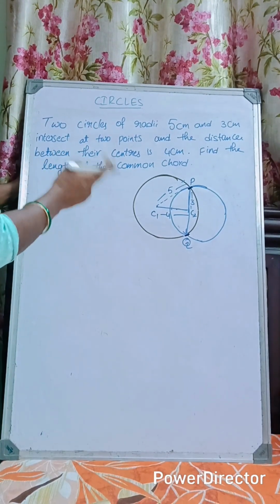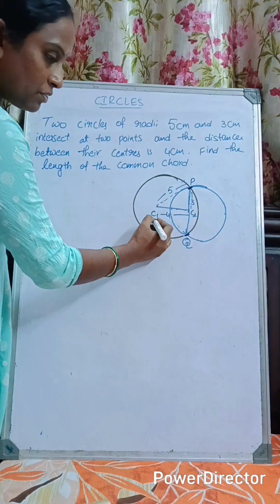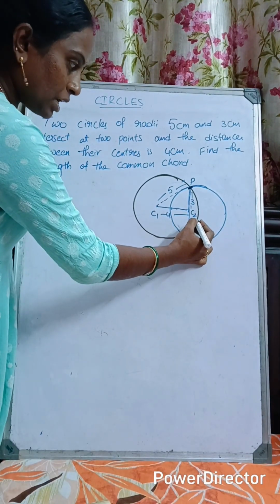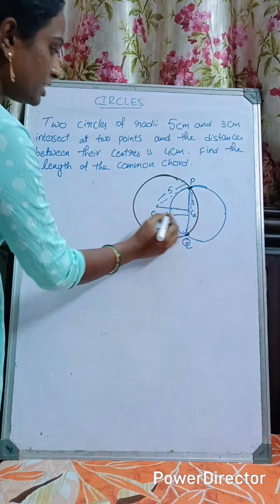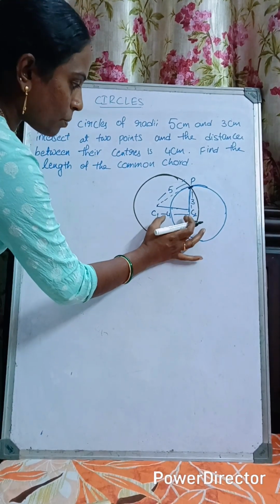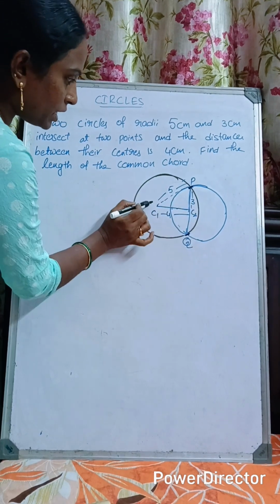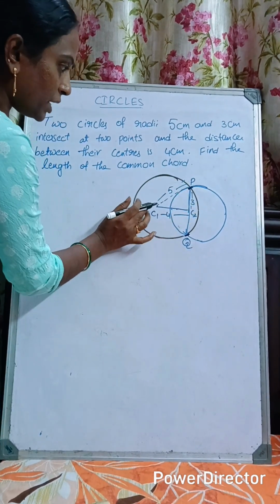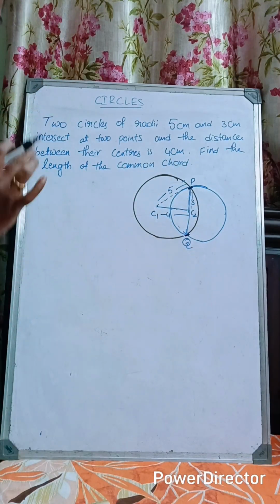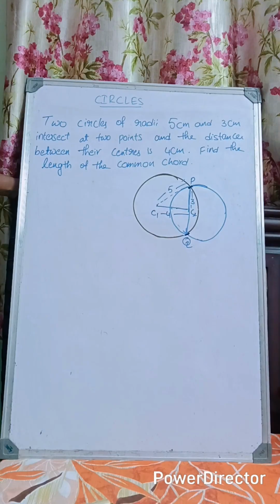And the distance between their centers, what is it? C1 is the center of the bigger circle and C2 is the center of the smaller circle. The distance between their centers, that means C1 to C2, is 4 centimeters. The radius of the bigger circle, C1P, is 5 centimeters, and C2P is the radius of the smaller circle, 3 centimeters.